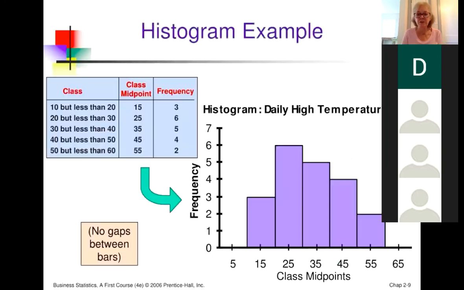So here's an alternative. I bet you've seen this before. It's a histogram, daily high temperatures. So what we've done basically is we've made a numerical variable into kind of sort of a categorical variable. We've created some categories, some bins, some classes.